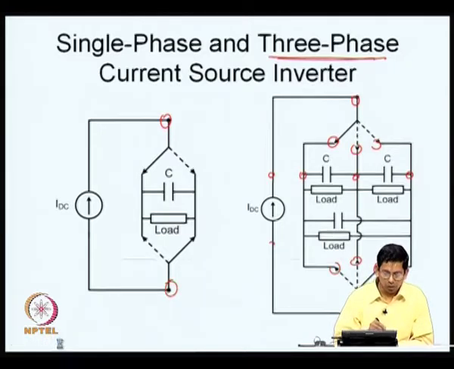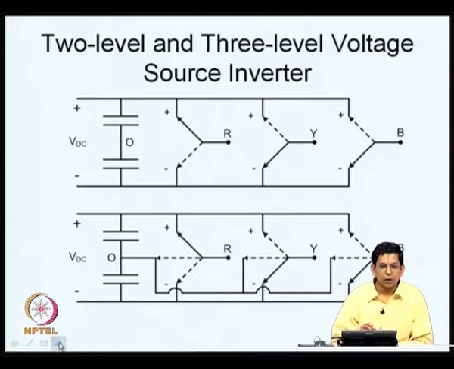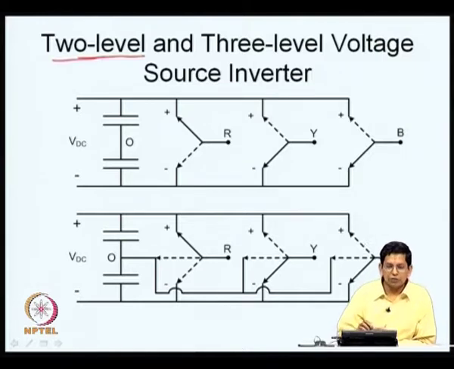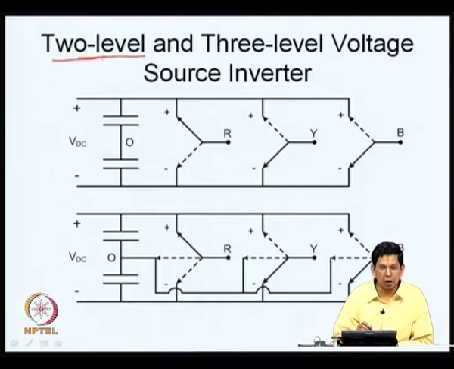So, that is about a multi-level inverter. So far, all that we have been seeing we call a 2-level inverter. We have seen a voltage source inverter a little earlier; we call that a 2-level voltage source inverter because, let us say, take this pole R and look at the potential here. This O, which is called the DC bus neutral or the DC bus midpoint, is a convenient point to use as a reference to express all the voltages at various nodes.